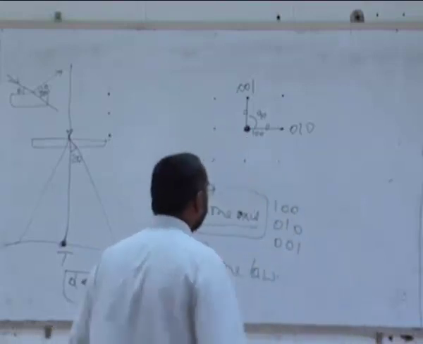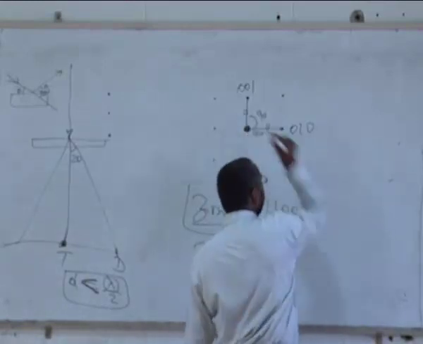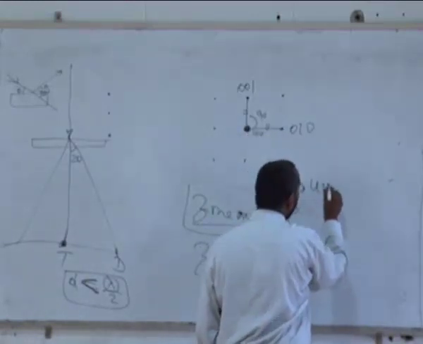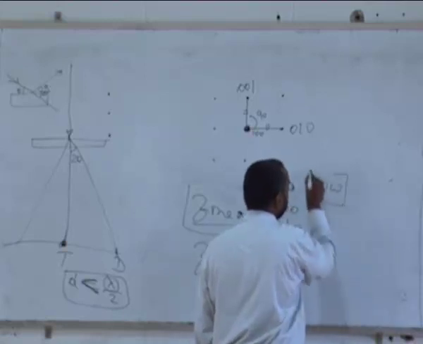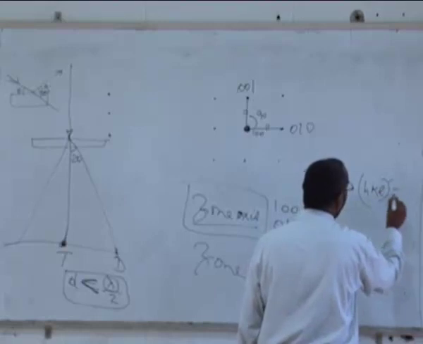It should be equal to 0. So if I have this direction, which I call UVW, and my plane, which is HKL, this should be 0.